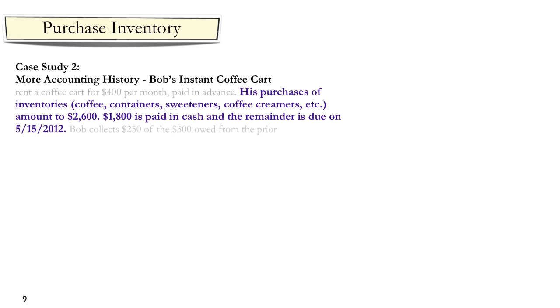On this slide, we're going to emphasize another transaction that we've already covered in a prior video, and that is the purchase of inventory. Here, inventory is purchased for $2,600. $1,800 is paid in cash, and the remainder is due in the next month.